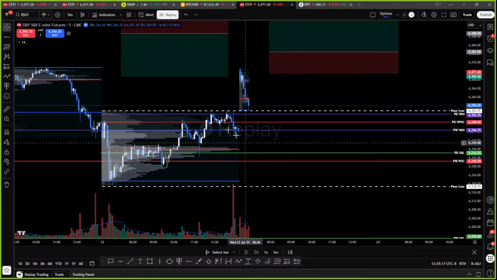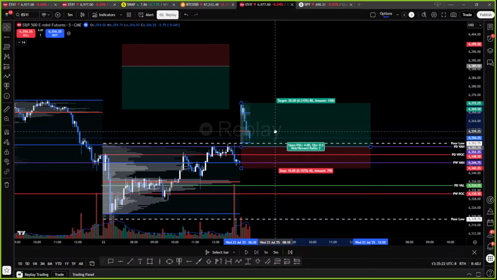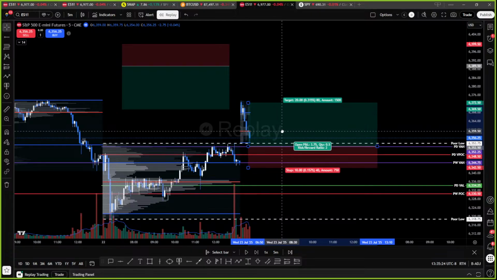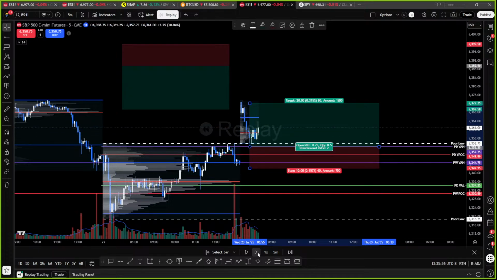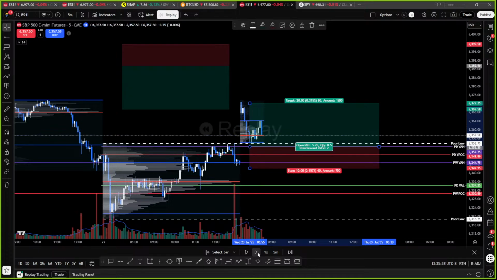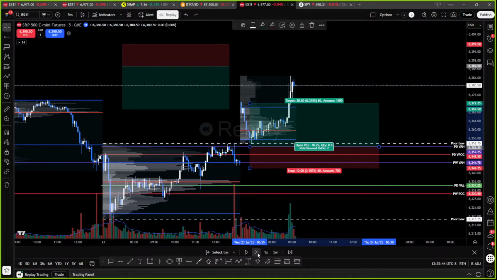Retest of previous day value high, I would absolutely take. I would actually take the retest here of the poor low, but it doesn't matter. Would not be surprised to see that act as support. Poor low would have worked.